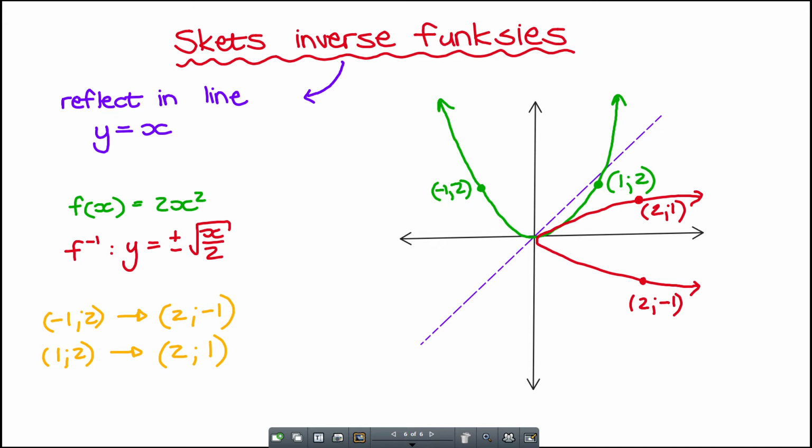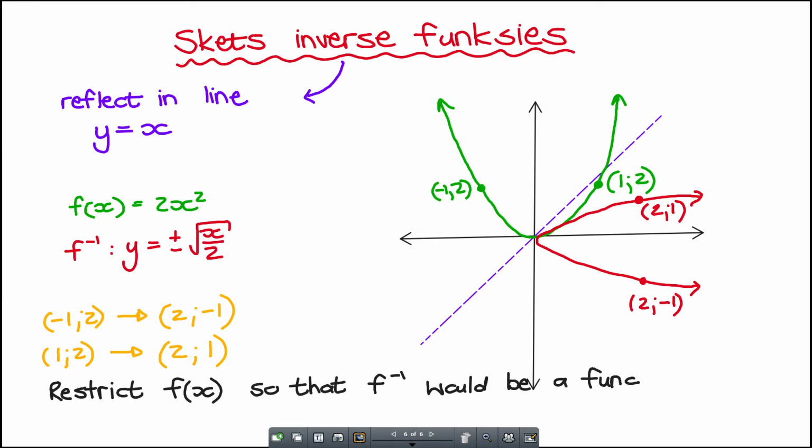Okay, nou wag gou. I'm going to ask it slightly different now. Restrict. Kyk gou. fx, so ek vra vir jou om die oorspronklike grafiek te gaan beperk. Restrict fx so that f minus 1 would be a function.